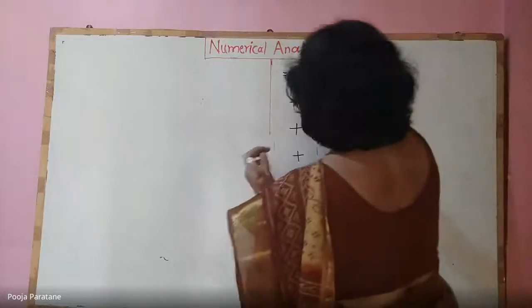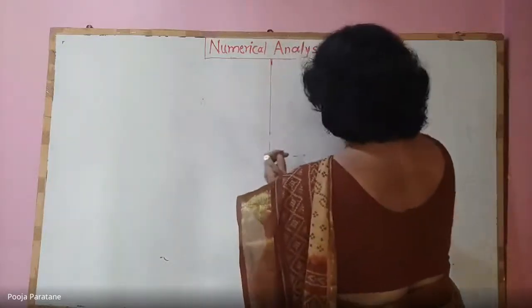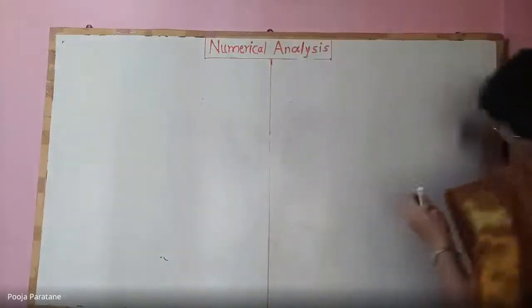So the transfer function is given in which the numerator and denominator are polynomials.